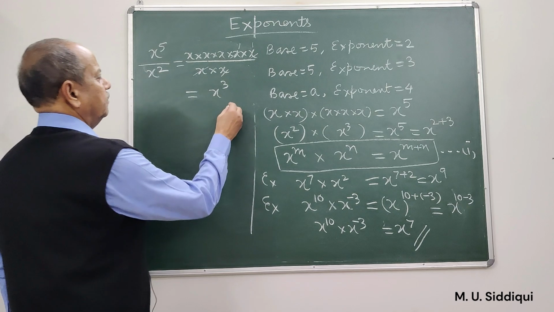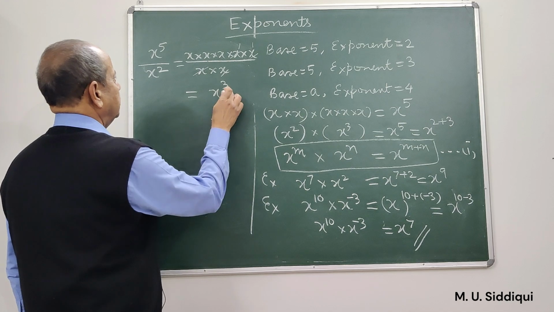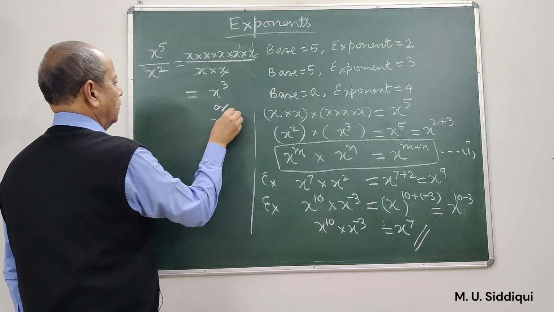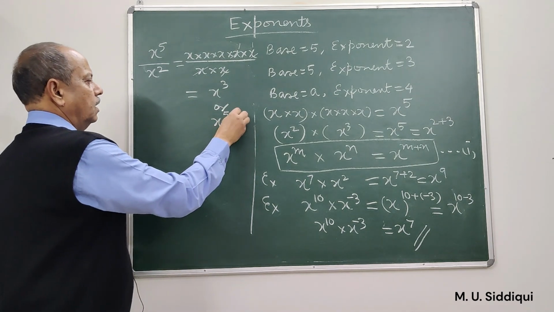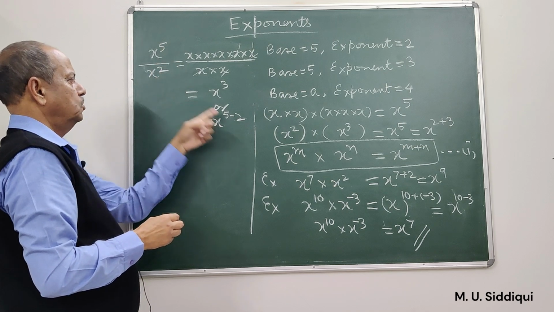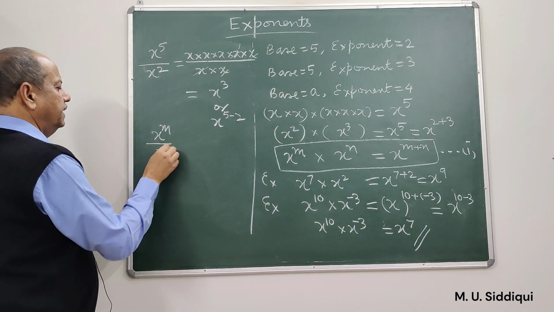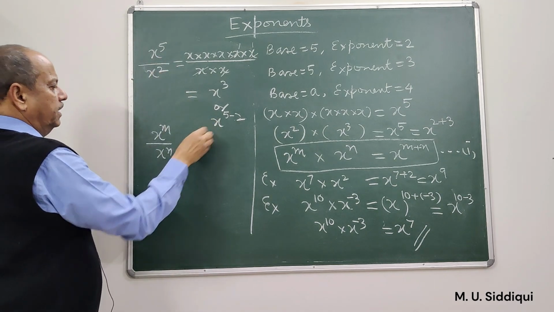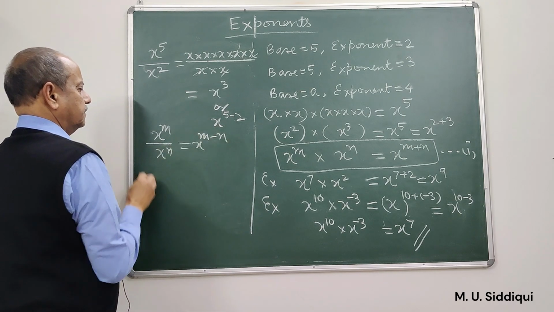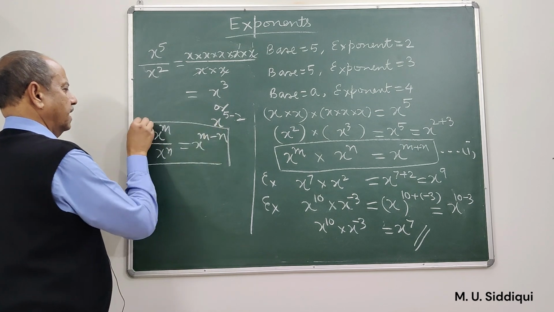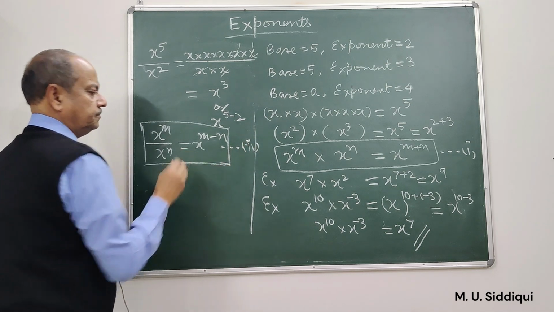In general, if it was x to power m divided by x to power n, according to this you will get x to power m minus n. So this becomes another result, formula number 2.